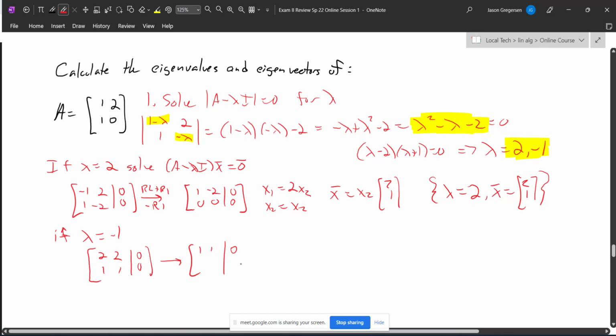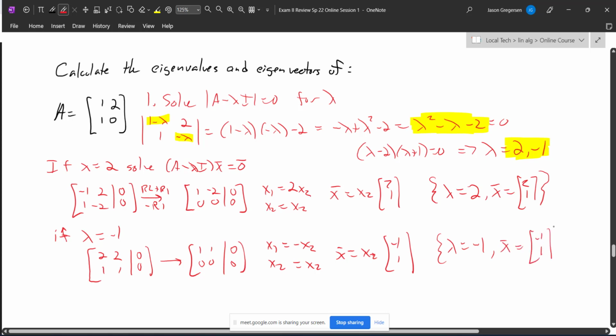And then I'll take the second row minus this row to get a row of all zeros. So that would be my row reduction here. From here, I have x1 equals -x2, and I subtract that x2 to the other side. And x2 is my free variable. So this time, my eigenvector is going to be -1, 1. So my second eigenpair is when lambda equals -1. The associated eigenvector is -1, 1.